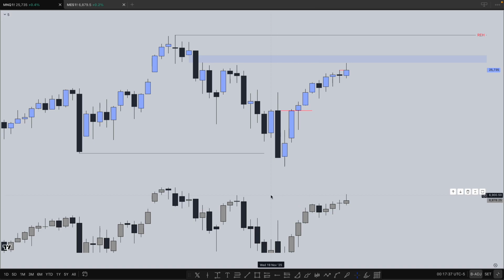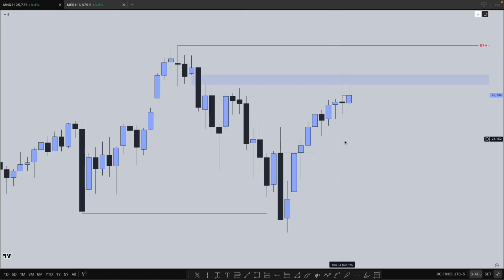Maybe I'm just losing my mind. So you can see that this high over here, it had already been taken out. So ES has taken out some of this liquidity, but look at this, must be a new day opening gap. And you can see here again, inducements. So this is the drawn liquidity on ES. This is the short-term drawn liquidity. This is where ultimately price is going. Okay, so that's neither here nor there.